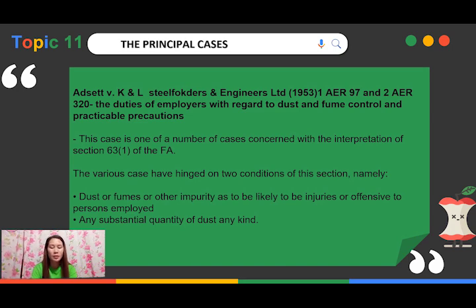The second one is a substantial quantity of dust of any kind. So where either of the conditions is fulfilled, the occupier is under a duty to take the practicable measures detailed in the latter part of the section. So the measures must be possible in the light of current knowledge and invention of the time.